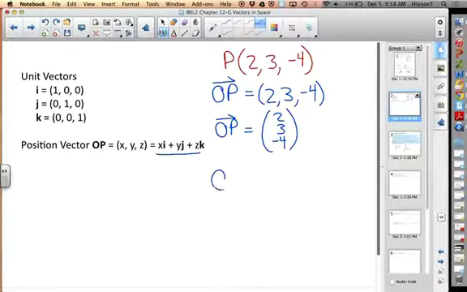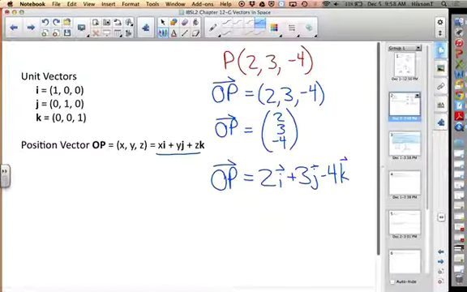Unit vector form, we could write OP as 2i plus 3j minus 4k. Alright, so all 3 of those give us the same vector, just in different forms. Does anyone have any questions about any of those?